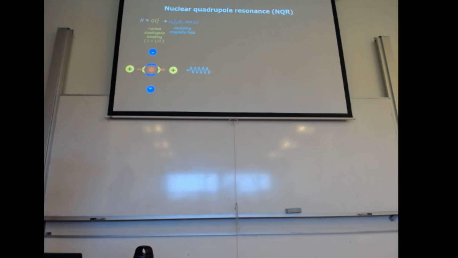So without the Zeeman effect there, it means that this system now has a single splitting in it. Because there's a square in here, you no longer care about the sign of the spin state.